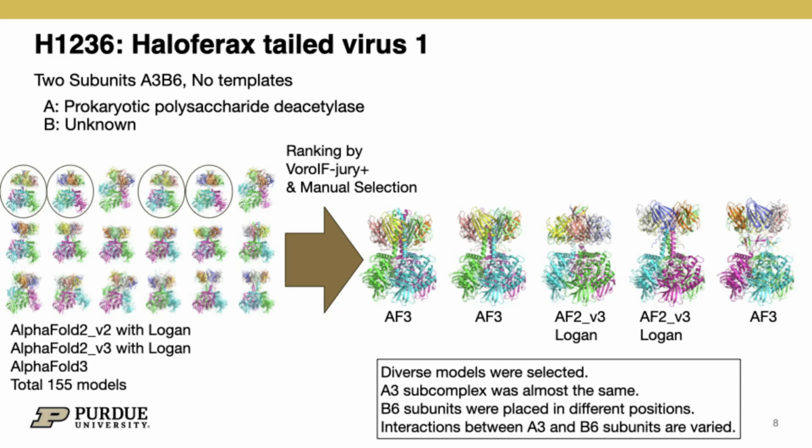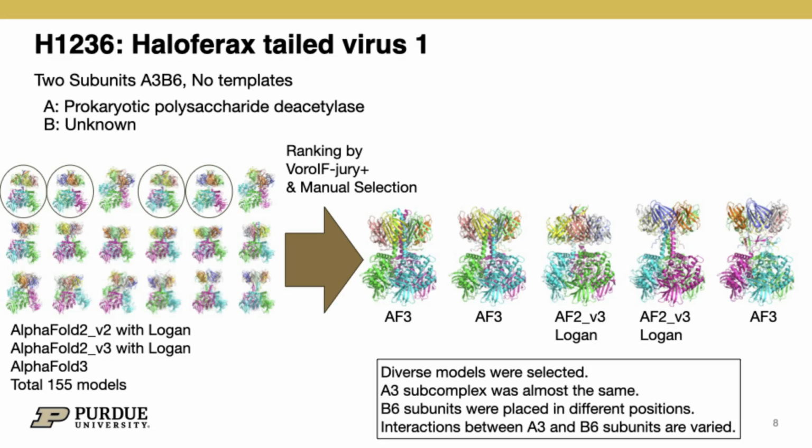Then those are the models. This one, with AlphaFold 2 with Logan multiple sequence alignment, made this beta helix here, which was the correct one, fortunately picked up by the scoring function.